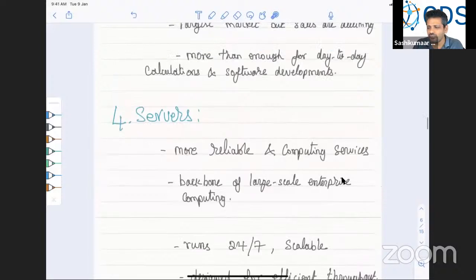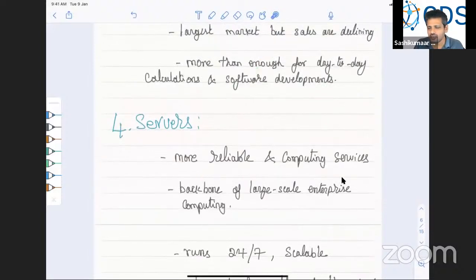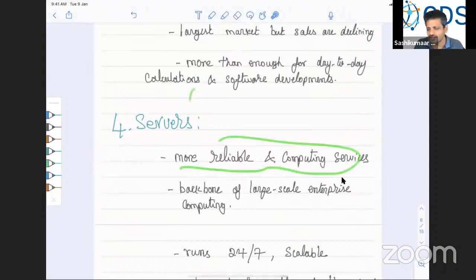What is the difference between the servers and the desktops? Servers are more reliable, and they also offer computing services such as computation precision. We will see what more differences there are between server and desktop. It's not only about reliability; of course, the file system, reliability and computing services are needed, and it is also about the memory hierarchy and so on.